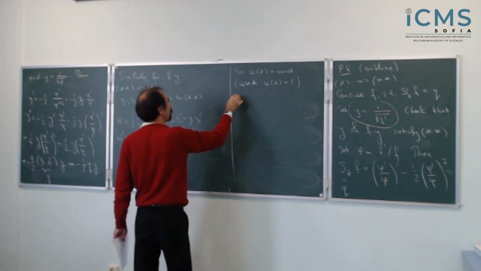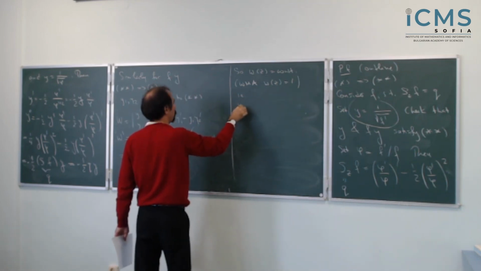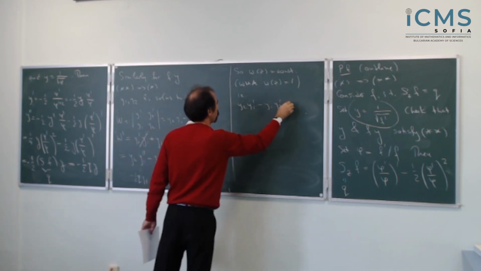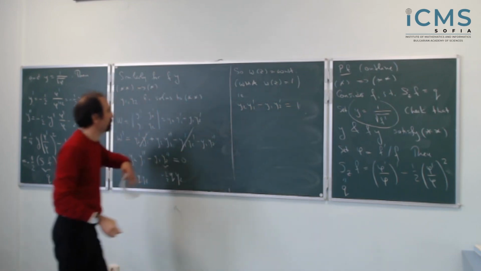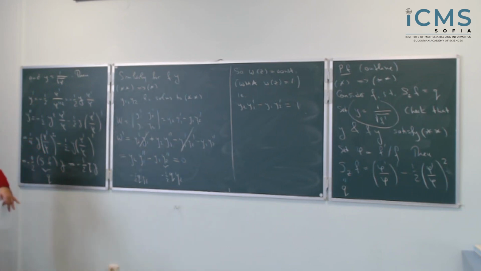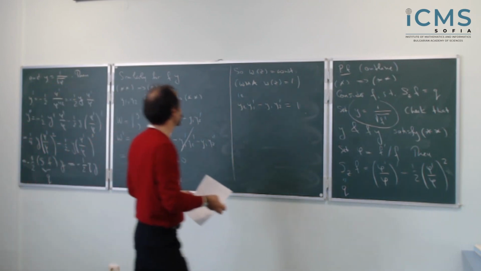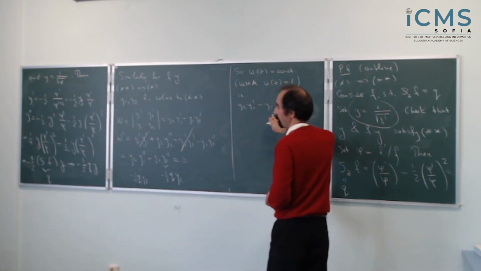So we have y2 y1 prime minus y1 y2 prime is 1. So this would give some huge simplification on what the Schwarzian derivative looks like. That would be the idea now. So consider the ratio.